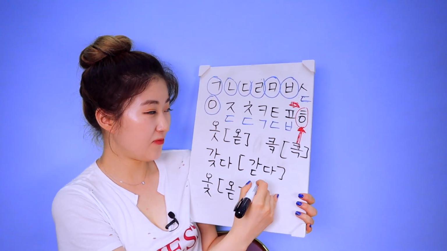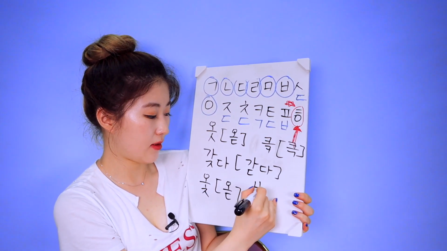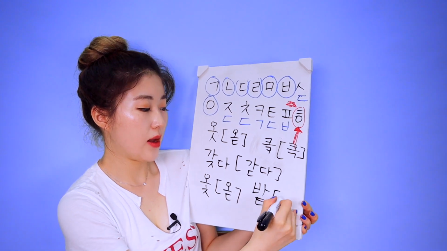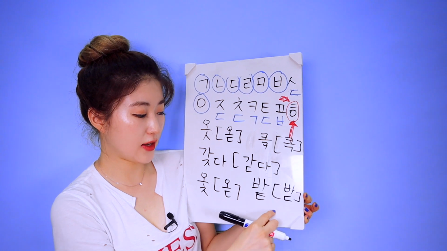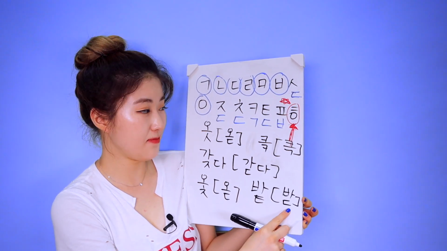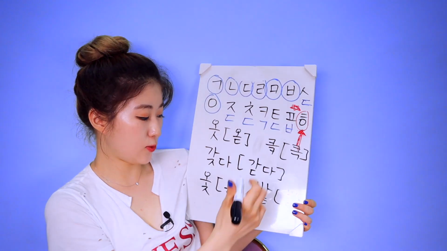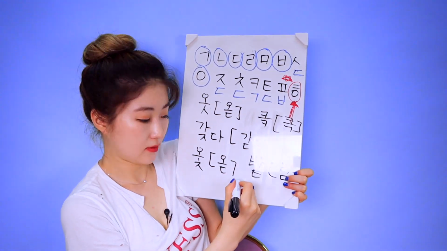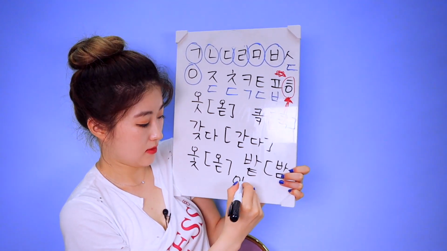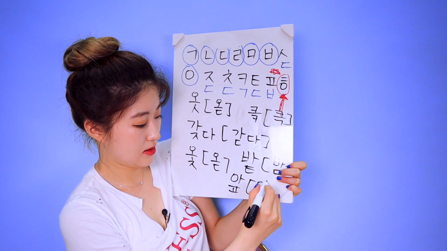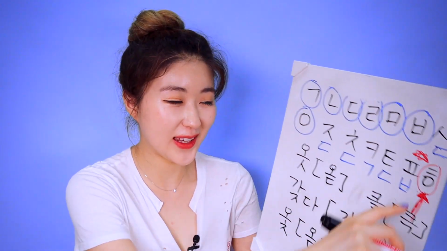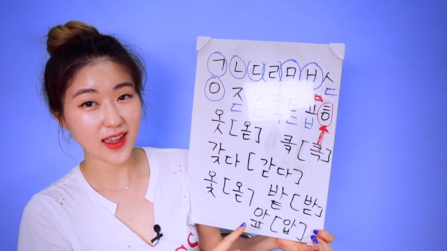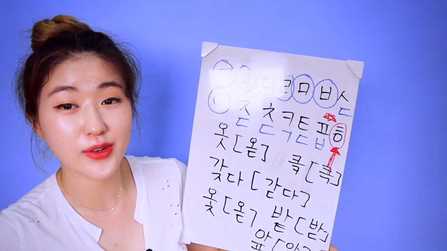What about this one? Pronounced as just 밭. You see how this changed to this one? And this one, up, just up. And here, we will go over here tomorrow. You know what I'm saying? You understand? You get this?